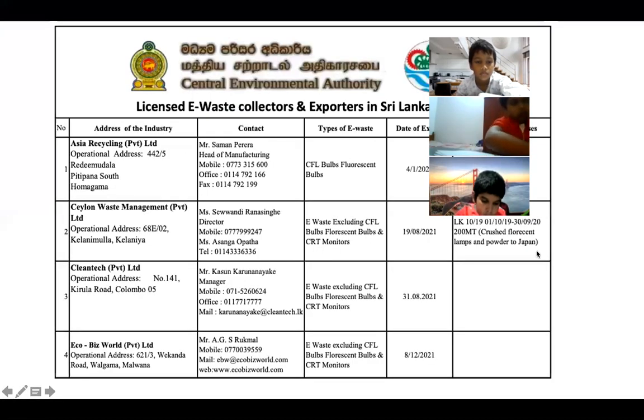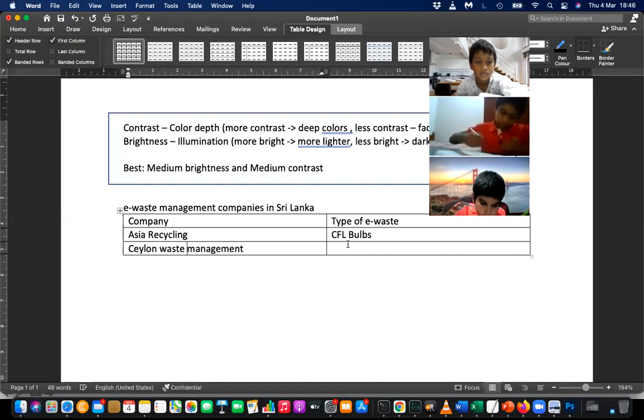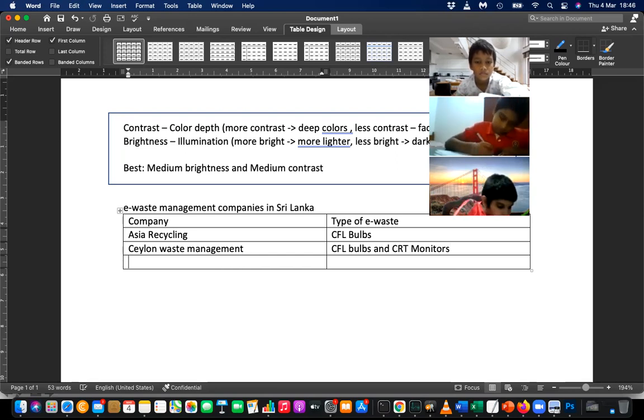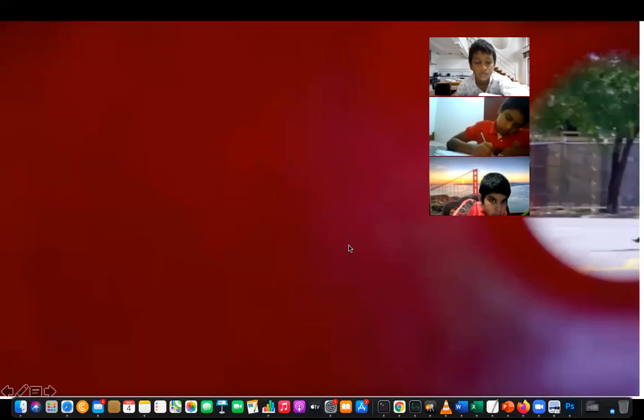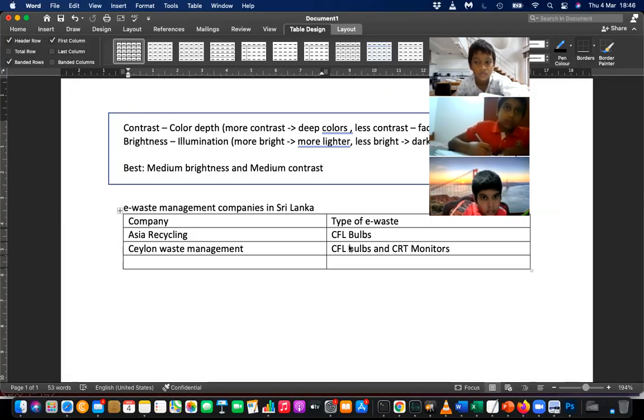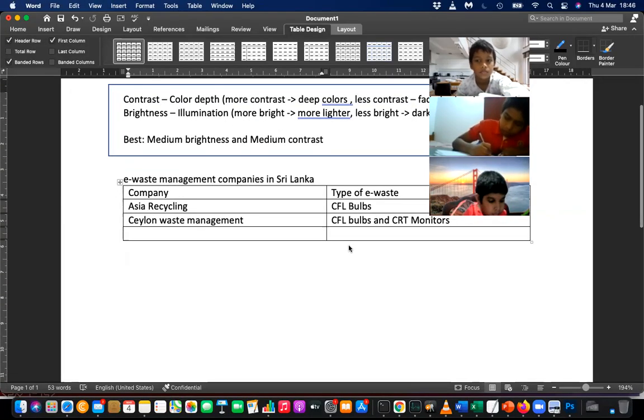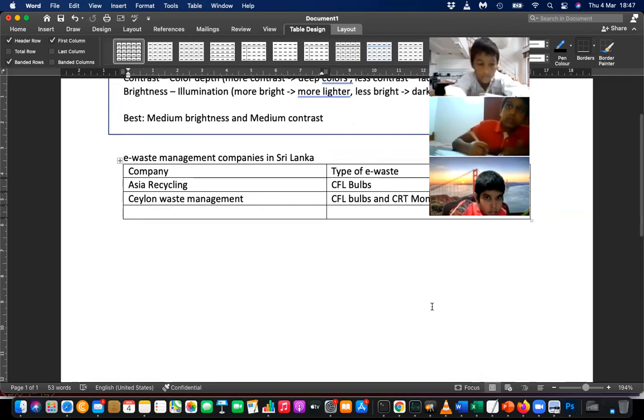That company manages CFL bulbs as well as CRT monitors. So please write down in your book: e-waste management companies in Sri Lanka, company and the type of recycling.